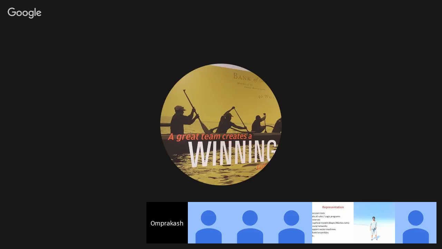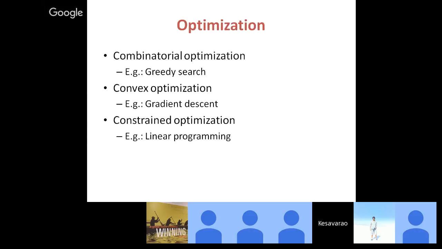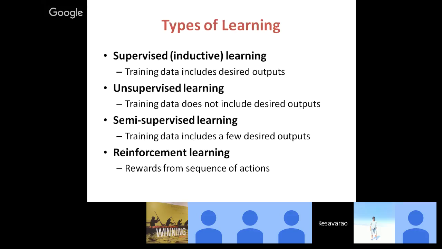Okay, and I went through some of the low-level details, but we don't need to get into that. Again, I talked about the various types of learning: supervised, unsupervised, semi-supervised, and reinforcement. Supervised and unsupervised are the main ones, depending on the situation.